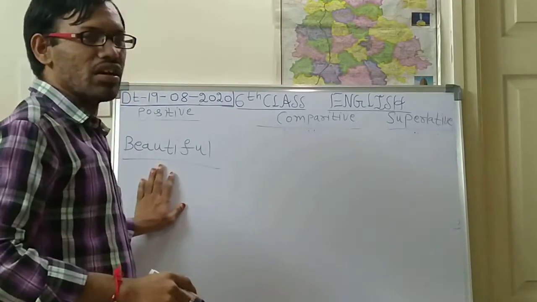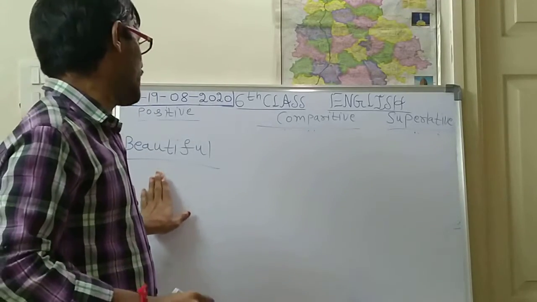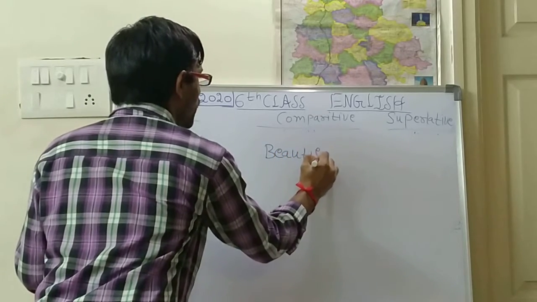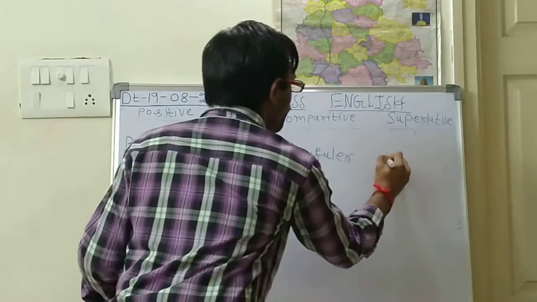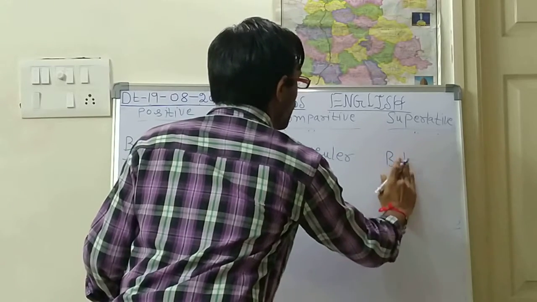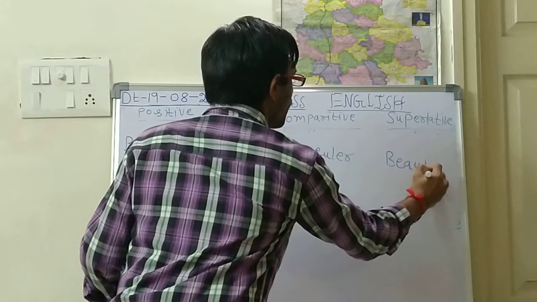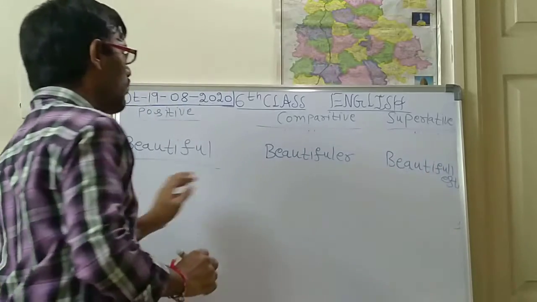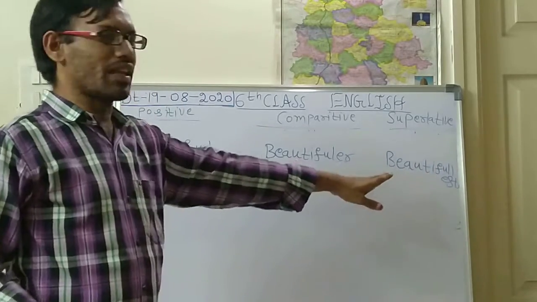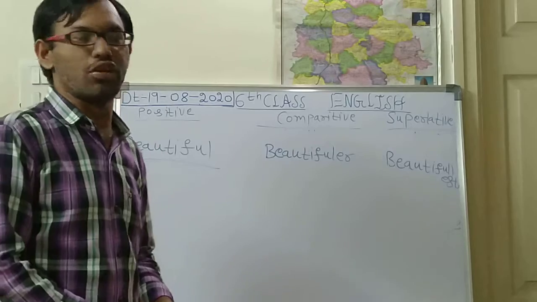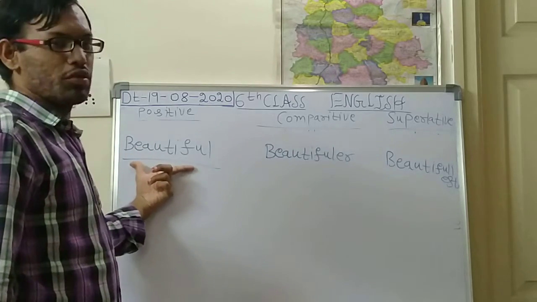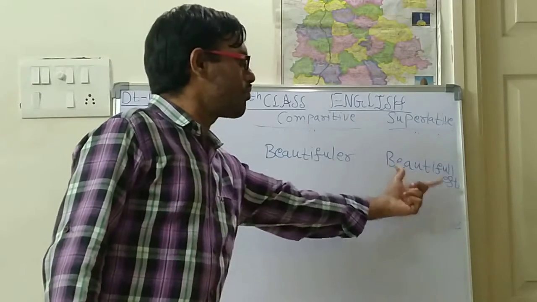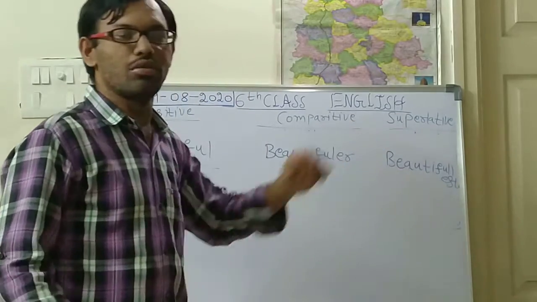Sir, why can't we say beautifuler and beautifulest for the comparative and superlative? The positive is okay, it's beautiful only, but why not beautifuler and beautifulest?